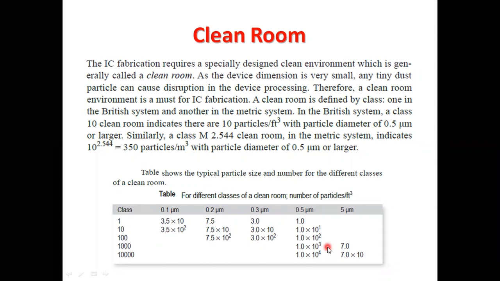I hope this clean room concept is clear to all of you. For IC fabrication, you need a clean room with a clean environment that does not cause any disruption in the device processing. So let us move to the next slide.